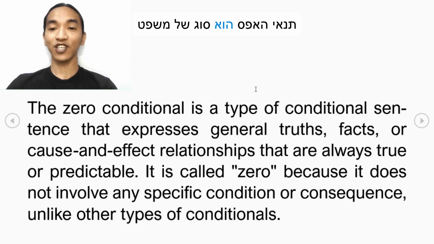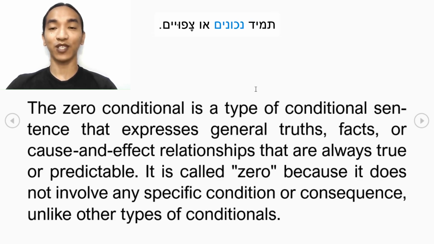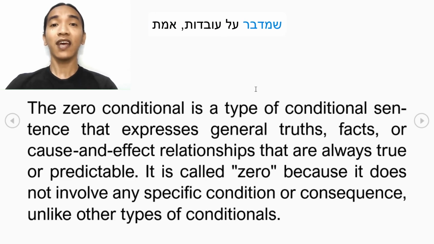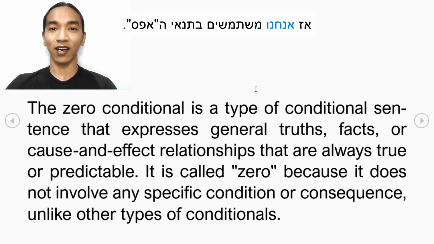The zero conditional is a type of conditional sentence that expresses general truths, facts, or cause and effect relationships that are always true or predictable. So always remember, if you are going to give a conditional sentence that talks about truth, facts, and predictable outcomes, then we use the zero conditional.